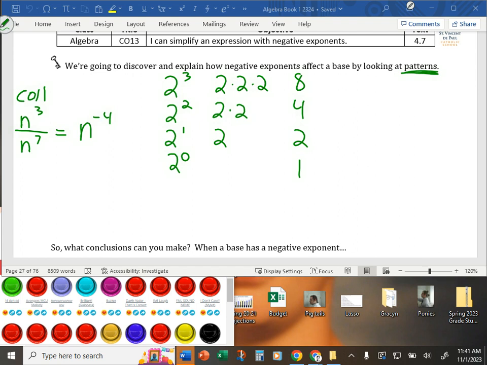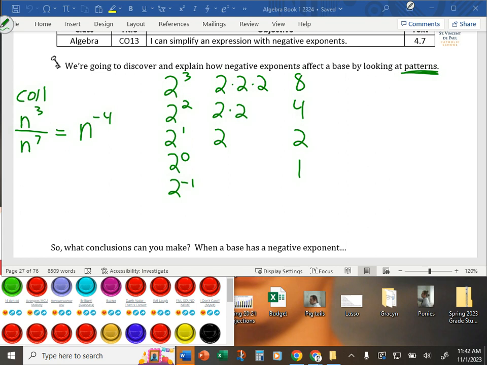So when negative powers came into existence, mathematicians looked at this and said, how can we explain this? How can we look at what we already know, even tying back to CO12, so that if I decrease my exponent again, if I now go to 2 to the -1st power, what is my value going to be?